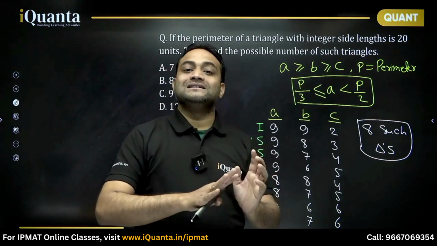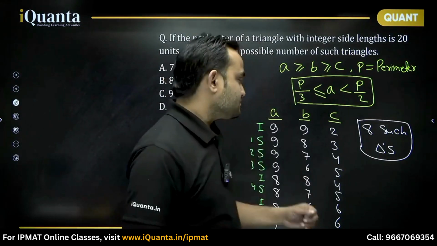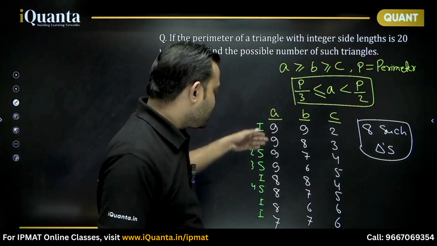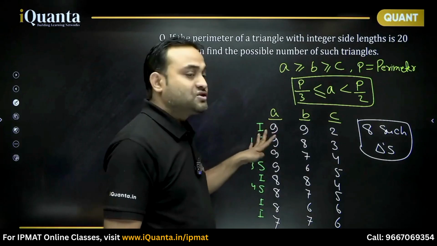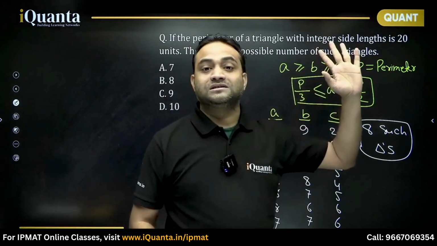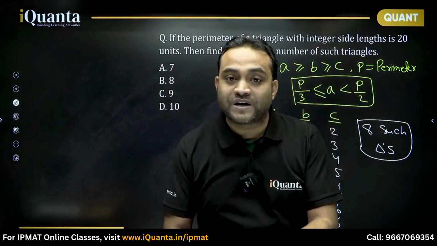All three sides are of distinct length. If you talk about how many isosceles triangles there will be, then again the answer is 4. 4 isosceles, 4 scalene. Equilateral is not possible here because the perimeter is not a multiple of 3.